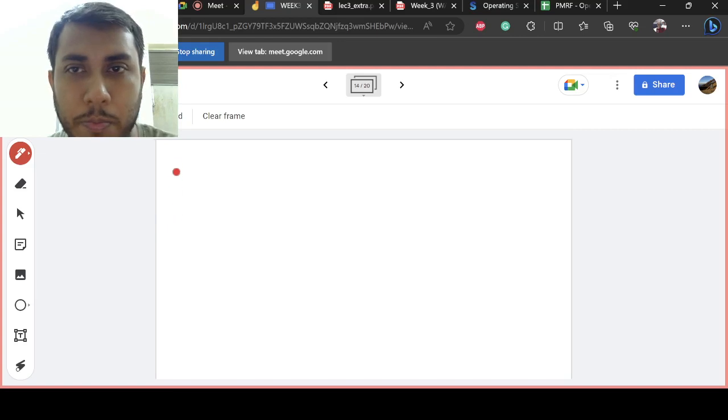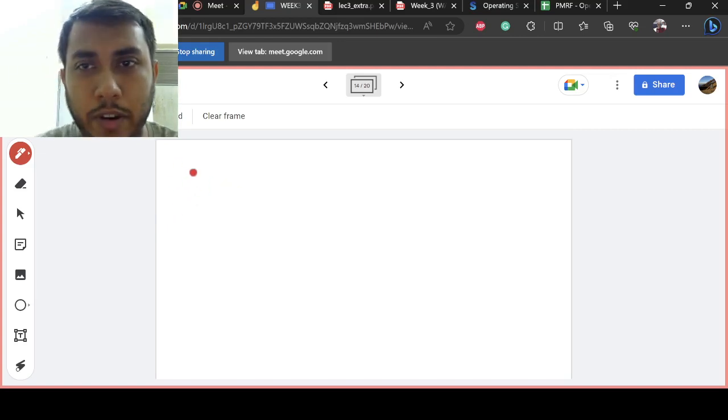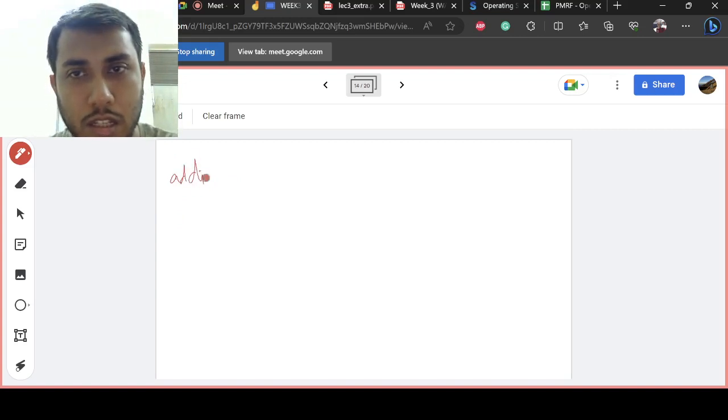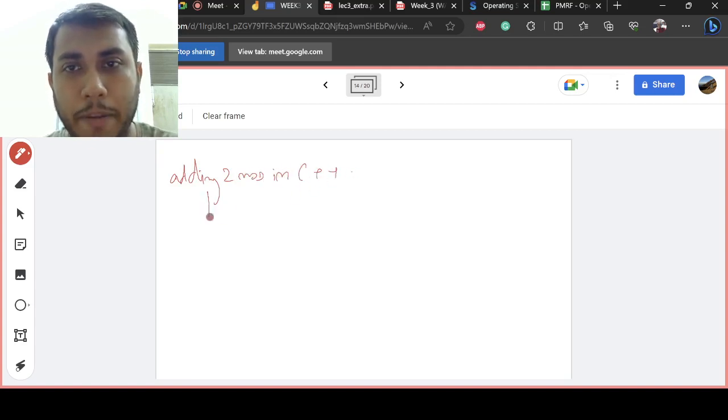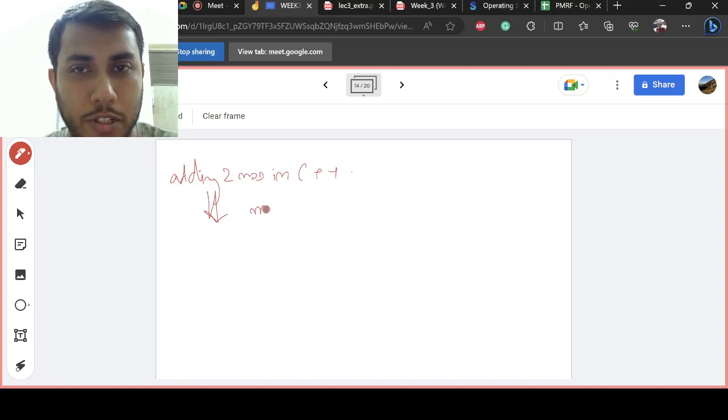So, program counter. Whatever program you write, let's say you are adding two numbers in C++, it basically comes down to machine level language.